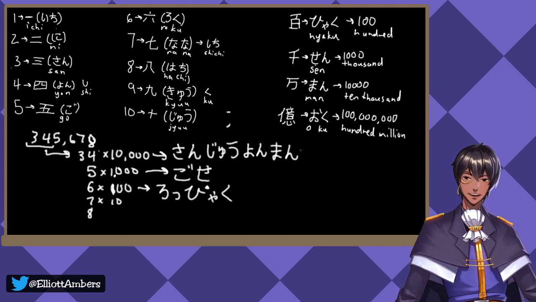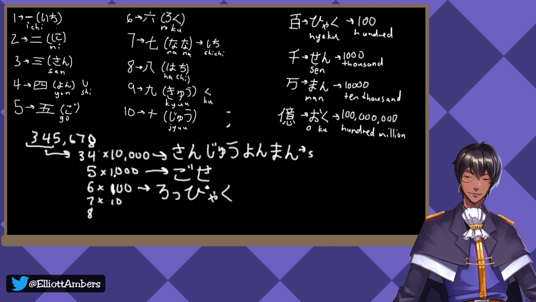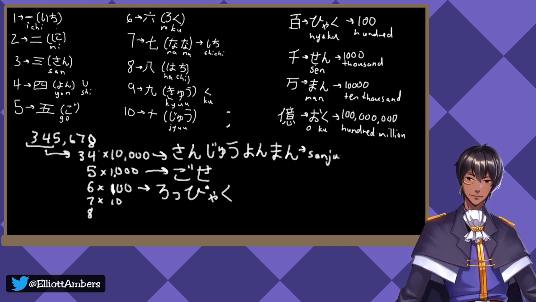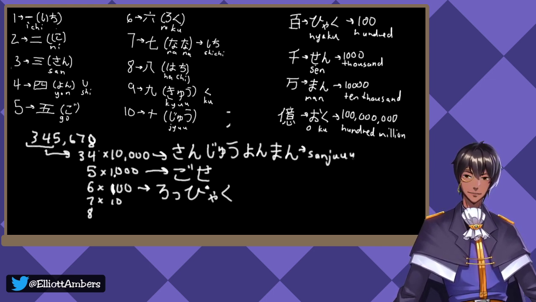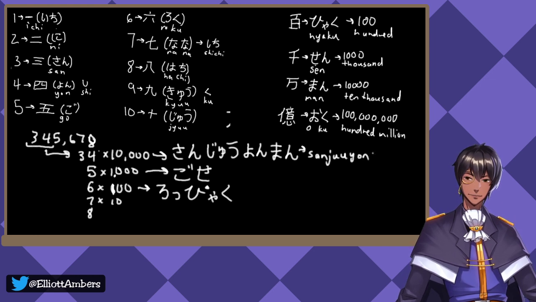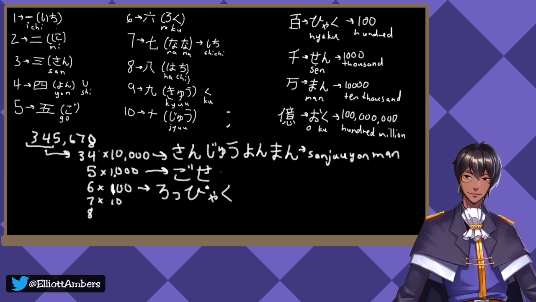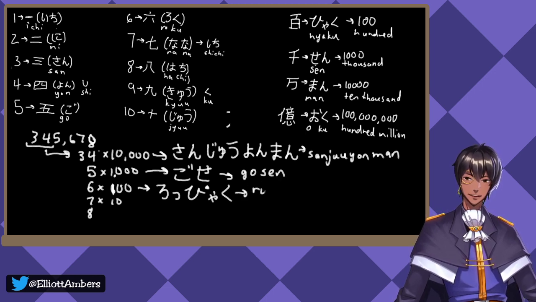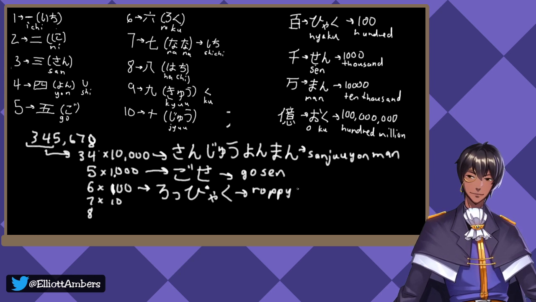And let me actually write out what this reads as. Sanju yon man. Very long number. Gosen. Ropyaku.